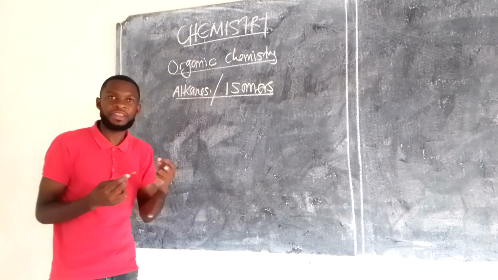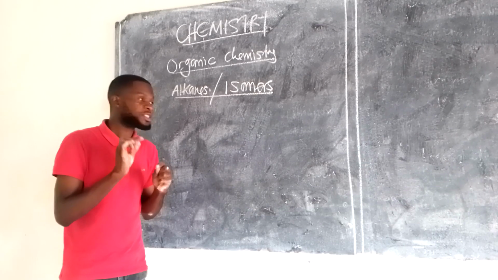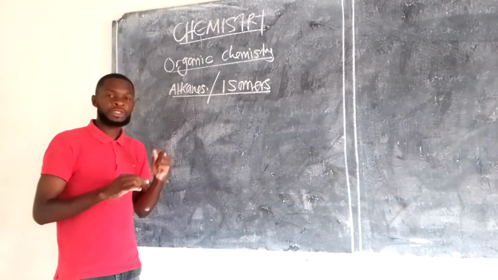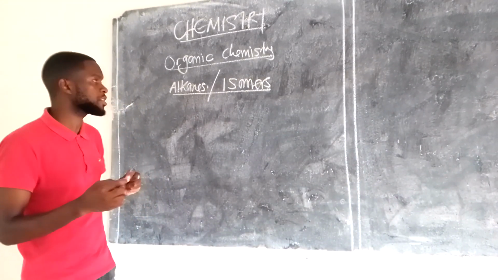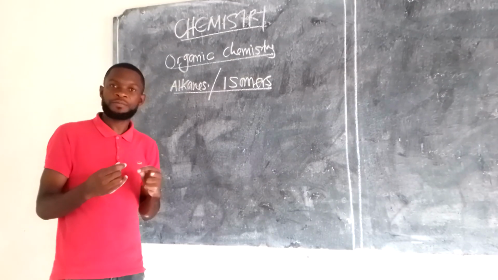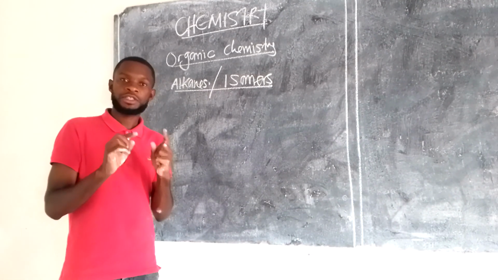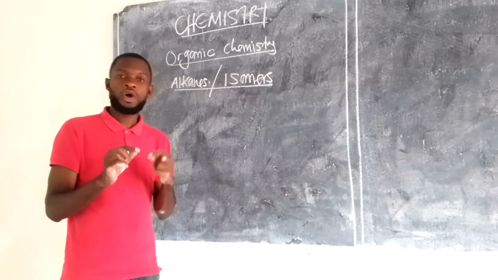So how do we define the term isomer? First we need to define this. An isomer is defined as an organic substance that has the same molecular formula but a different structural formula.